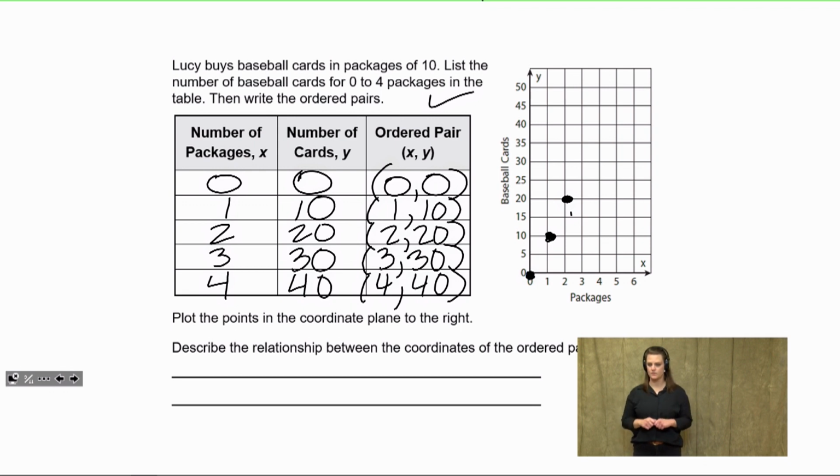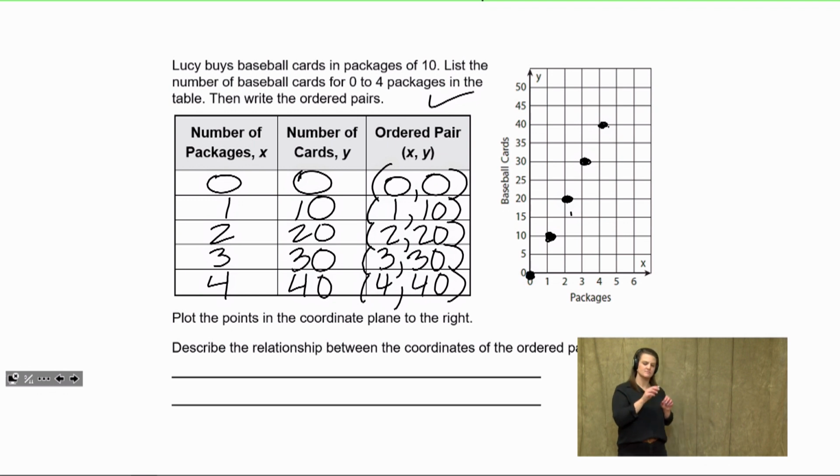All right, if I were to ask you to keep going, could you do this by yourself? Yeah, absolutely. Over 3 up 30. And then we could do over 4 up 40.